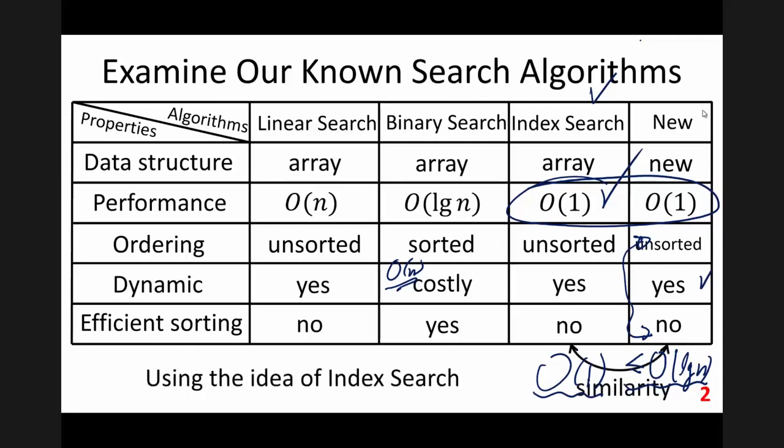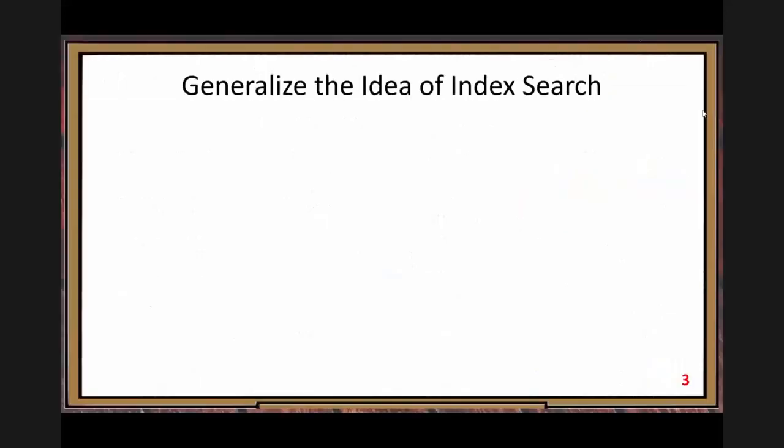Look at the idea of index search. We want to generalize the idea of the index search. Simple, way simple idea. Nobody uses it. Usually you won't see this search algorithm play any meaningful role in real world applications.